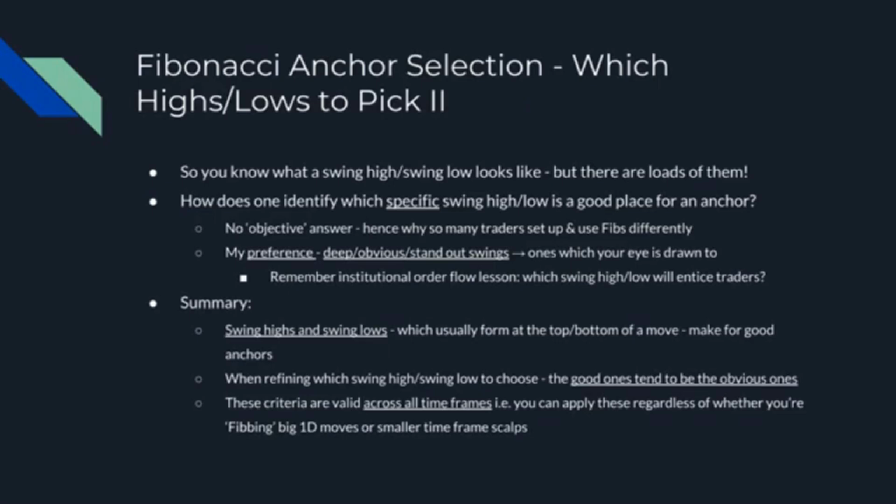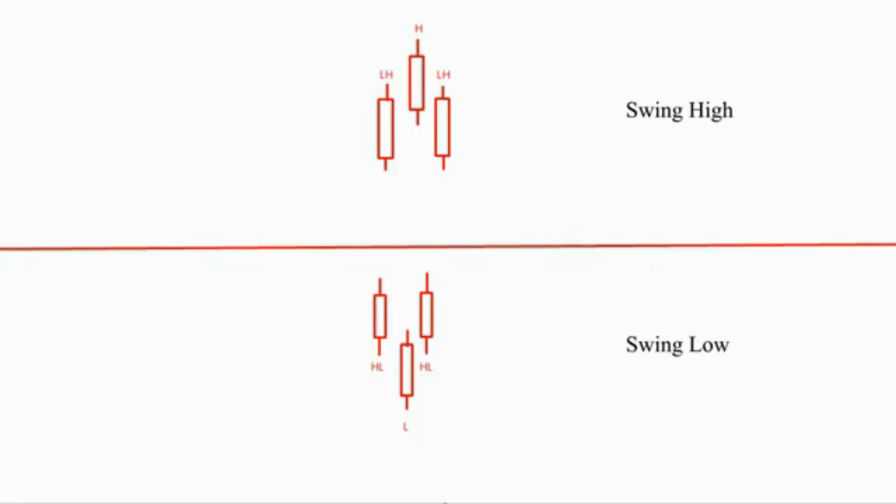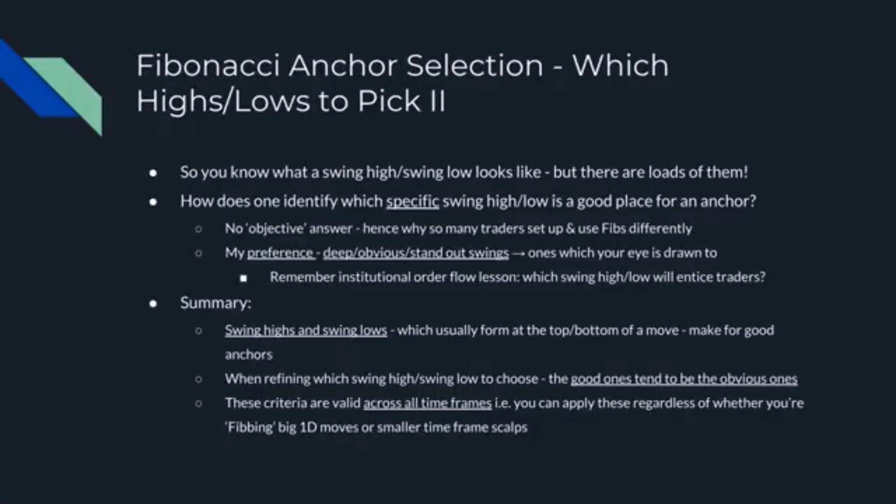So in summary, swing highs and swing lows, which usually form at the top or bottom of a move, make for good anchors. Once you know what a swing high and swing low look like, which we covered here, when refining which specific one to choose, the good ones tend to be the obvious ones, the ones your eye is drawn to.